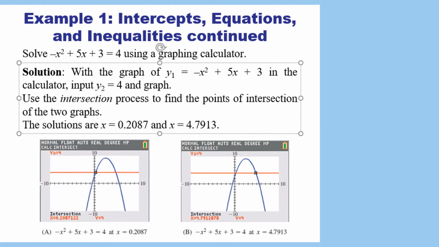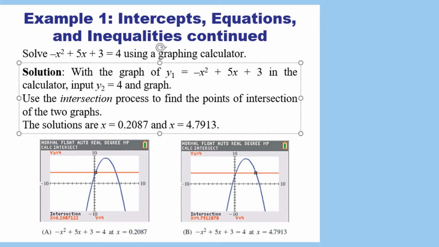Or else we can take the left hand side as one function and the right hand side as another, y1 and y2, and find the intersection of the two curves. The intersection of the two curves will be the solution to this.